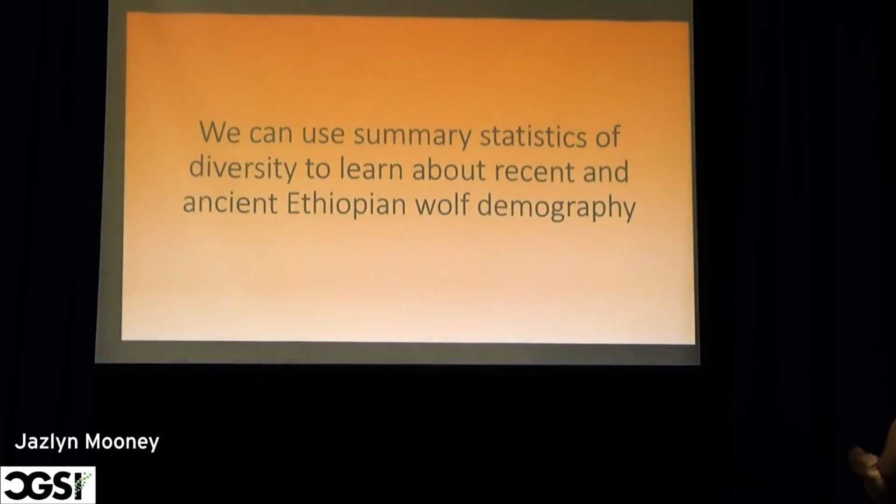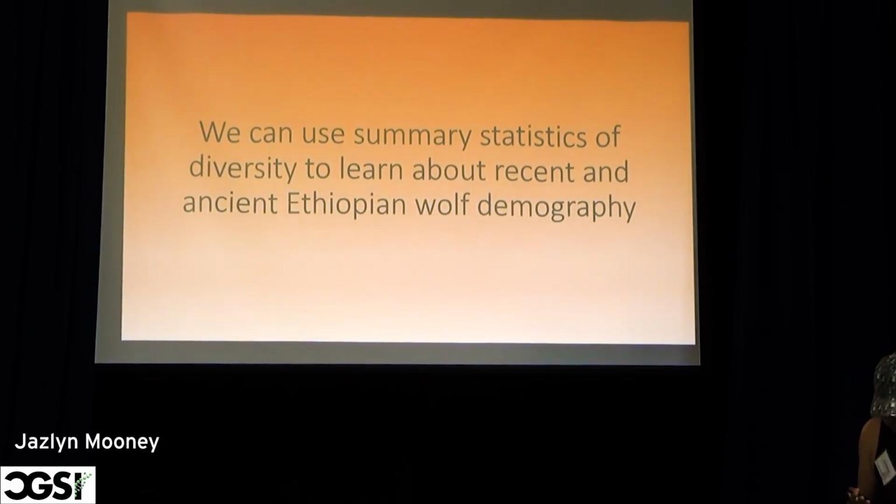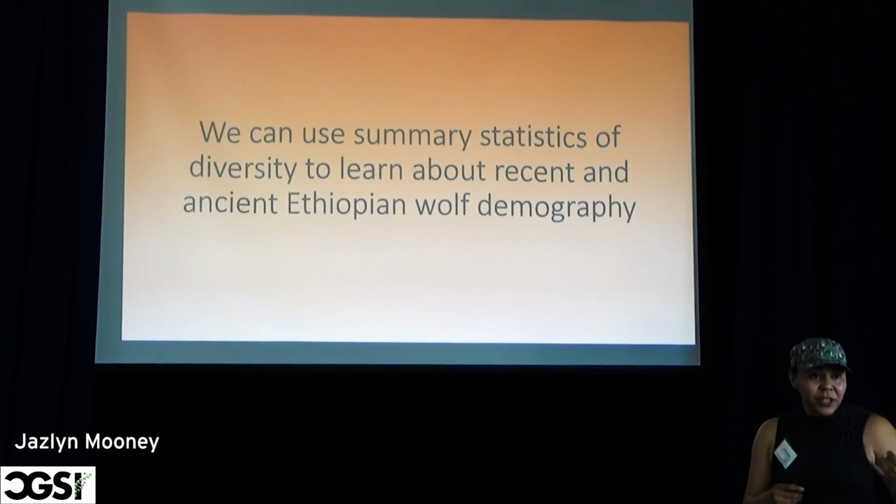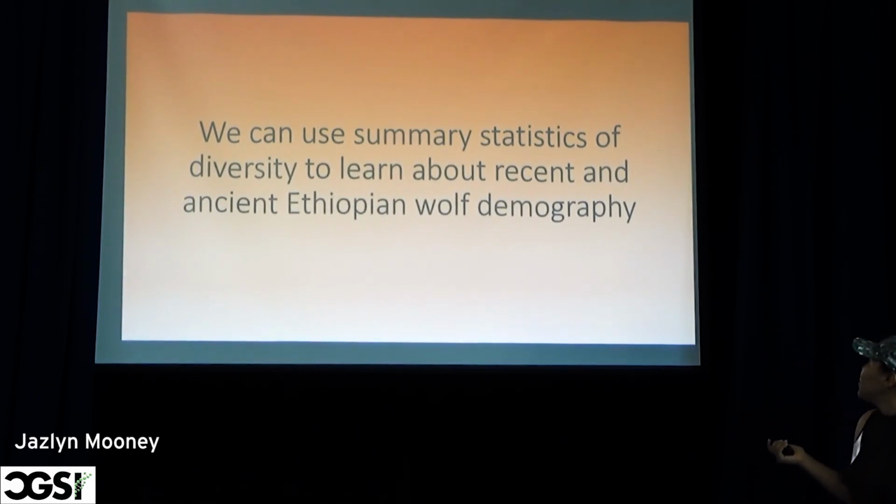So, great question. The next thing we can say is, okay, we've looked at genetic diversity summarized on the whole genome scale. We can use those summaries of genetic diversity to learn about the recent and ancient history of these Ethiopian wolves.